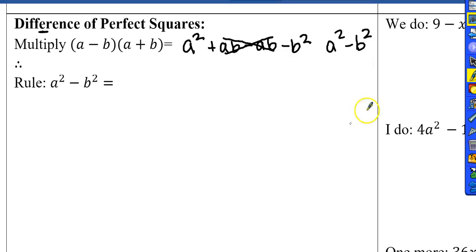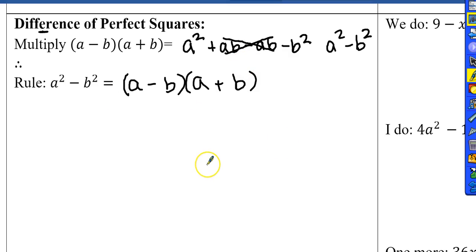So whenever I'm in this situation, therefore, where I have an A squared minus a B squared, we call this a difference of squares. So we would factor it out using the squares with one addition and one subtraction.